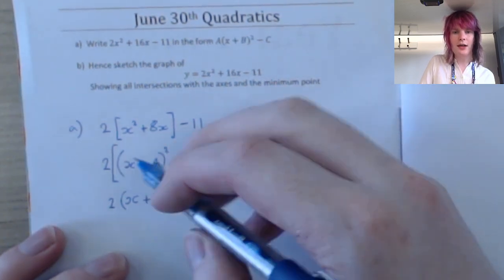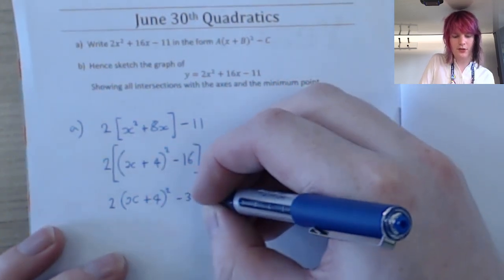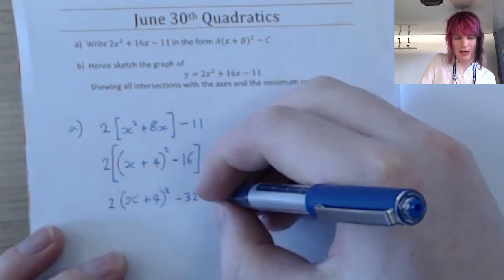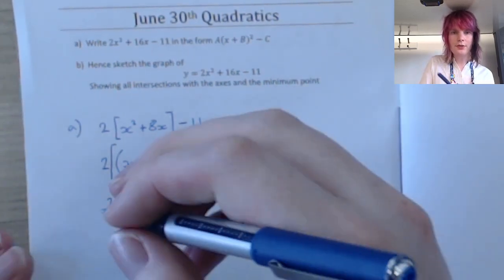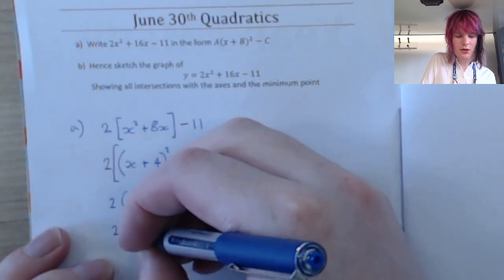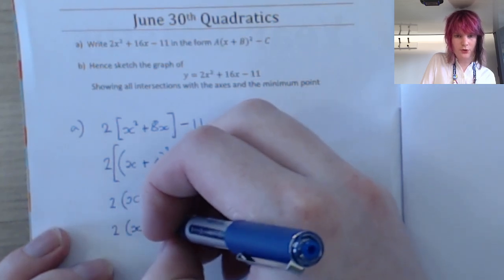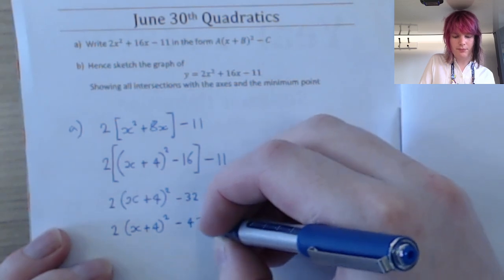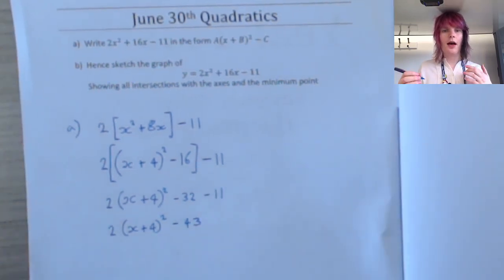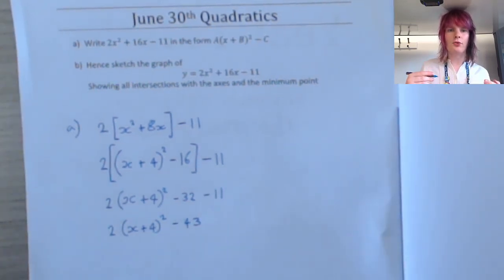Now 16 times 2 is going to give us minus 32, and we can't forget that minus 11. Collect these all together, and this becomes 2(x plus 4) squared minus 43. Now this is equivalent to our initial quadratic equation.